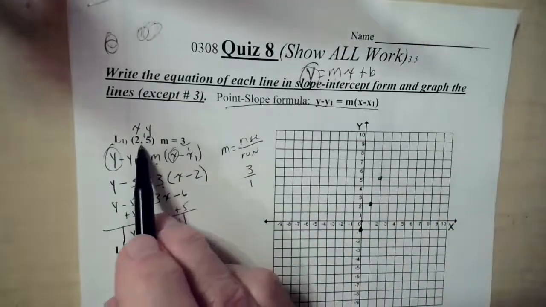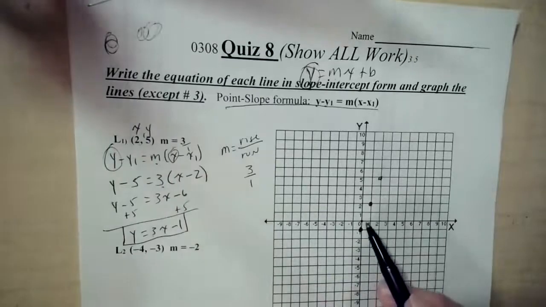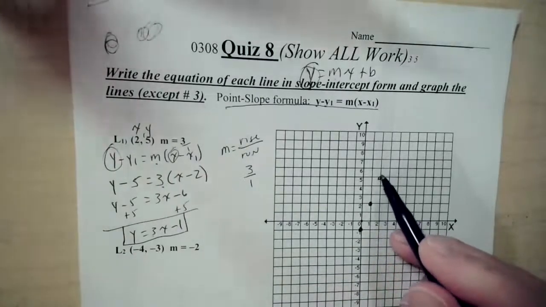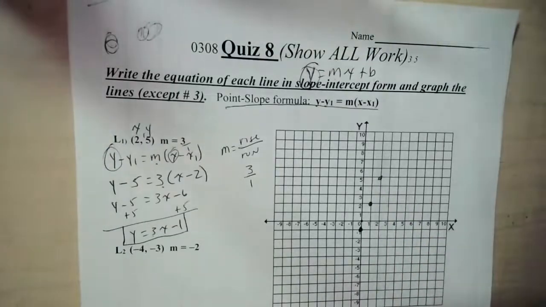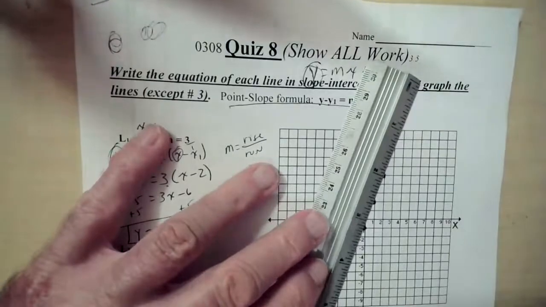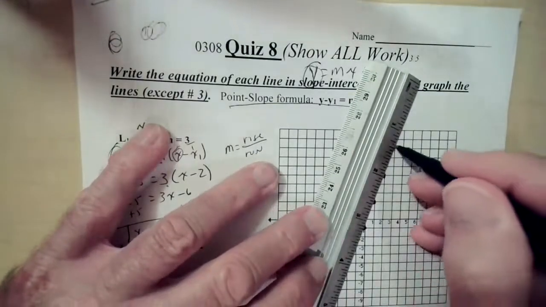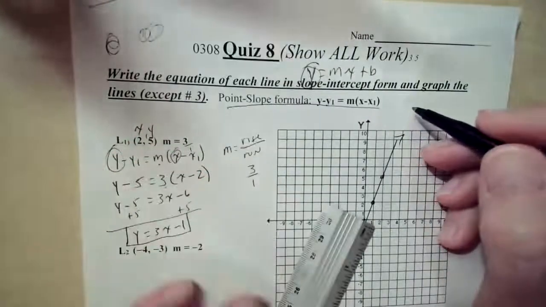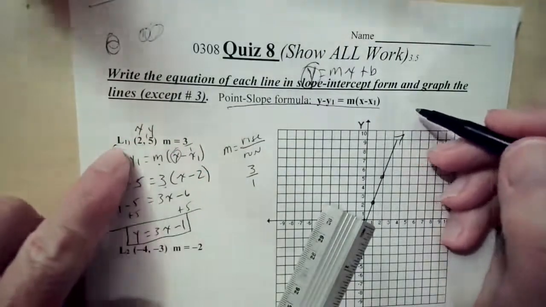You can also use this point, 2, 5. And there we have our nice pretty line. And this is, we call it L1, line number 1.